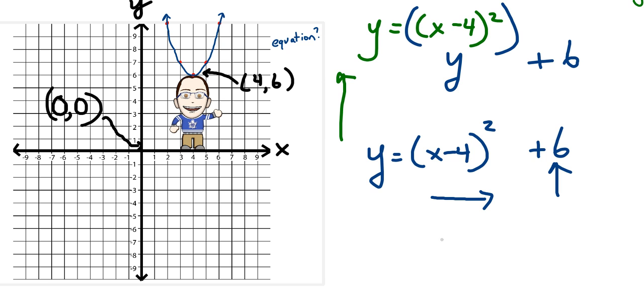So logically, if we had something like x plus 4 squared, the graph is going to go that way. If we have a minus something, like a 5, it will go down. That would be the introduction.